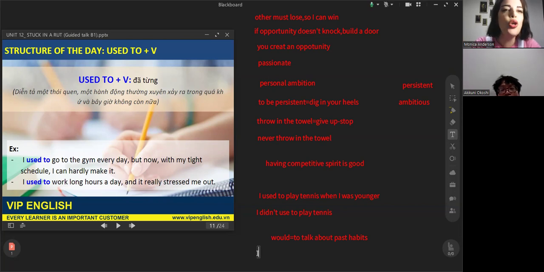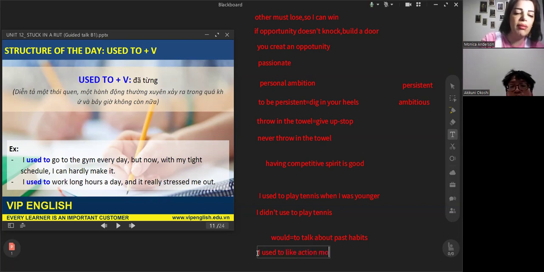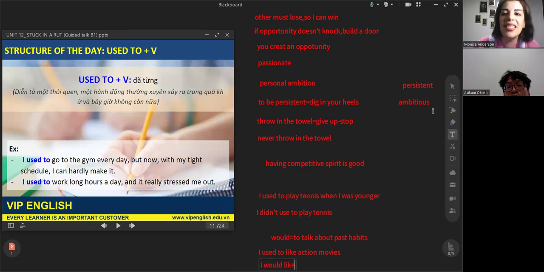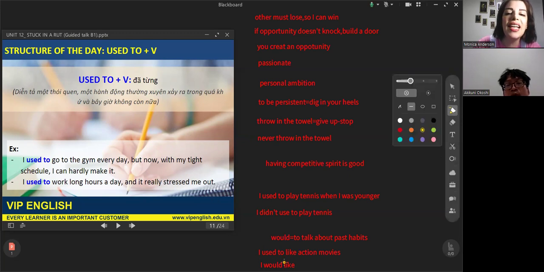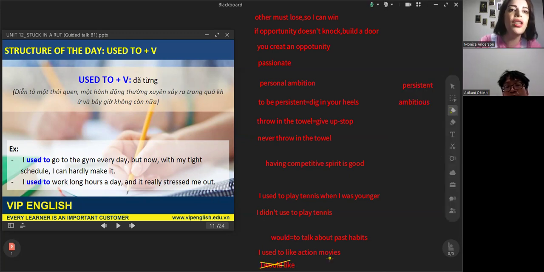For example, I used to like action movies in the past, but now I don't like them. But I can't say I would like. So this one is wrong. So we can't follow would with stative verbs for past habits.